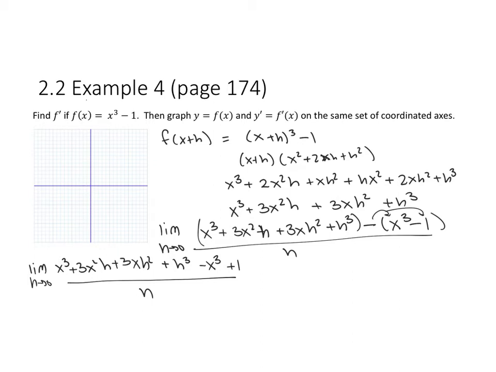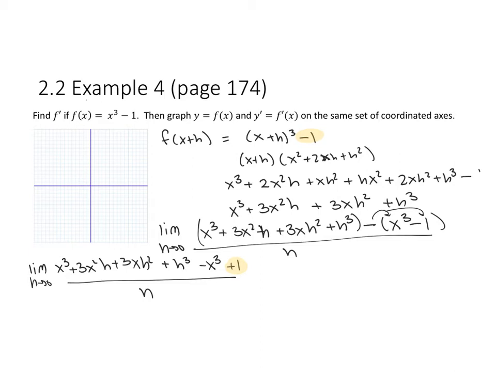Now this is a great example. I know right away I've made a mistake because I have a positive 1 right here, and I have no way to cancel that positive 1. And when I look back on my work, I see I had a minus 1 that I forgot to write down. So this is exactly the point where I'm saying, if things don't cancel, I made a mistake. So let's go back and fix that mistake.